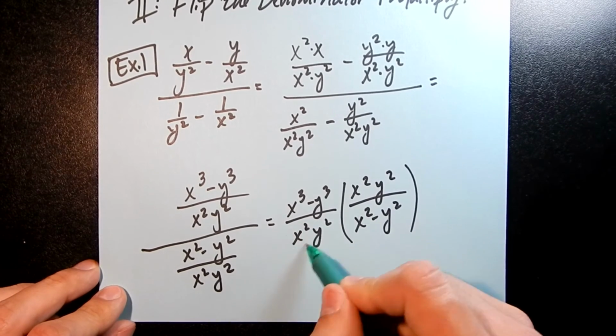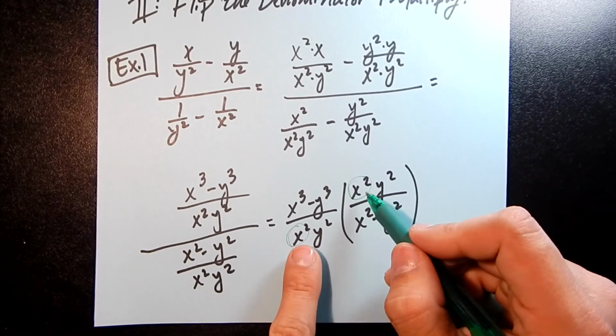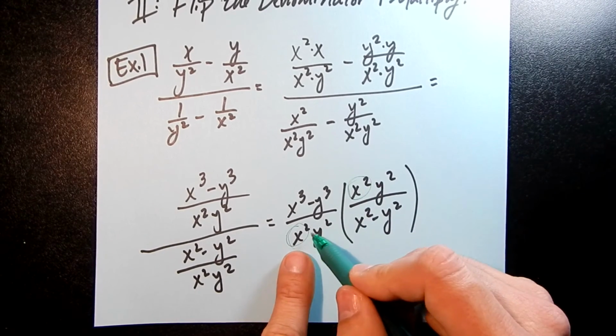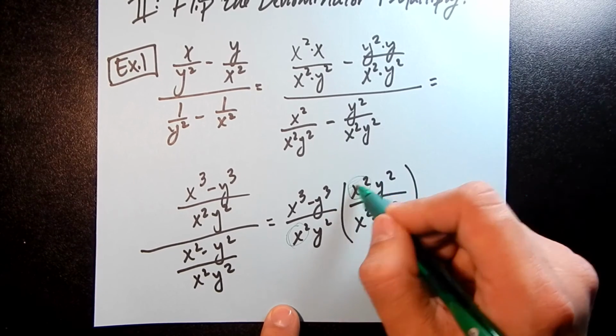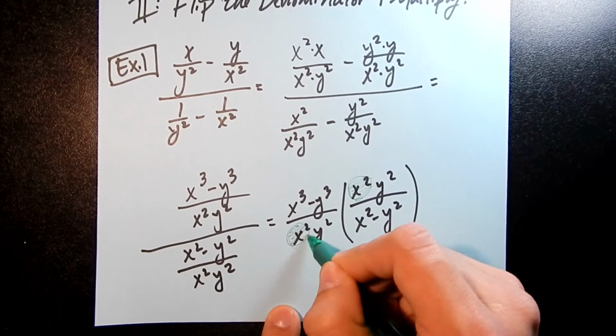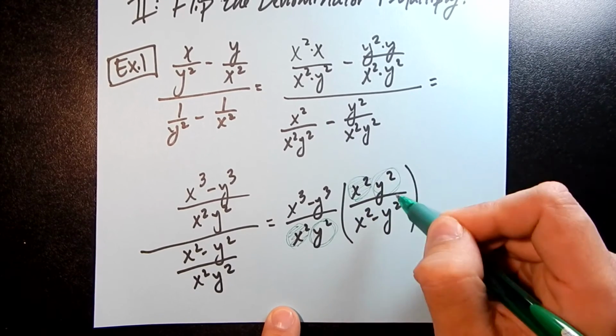So we notice that this x squared here and this x squared here, one's in the numerator, one's in the denominator. I can cancel them because they're common factors in a sense. So this x squared and this x squared can cancel. Likewise here with the y squared and the y squared.